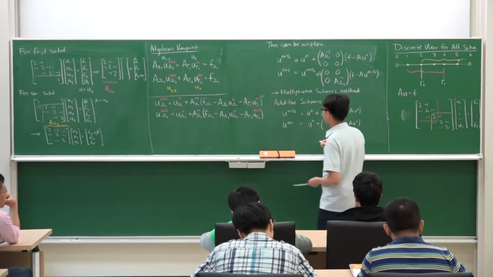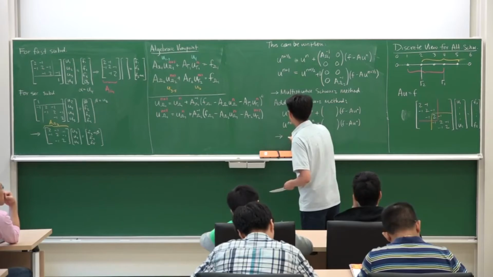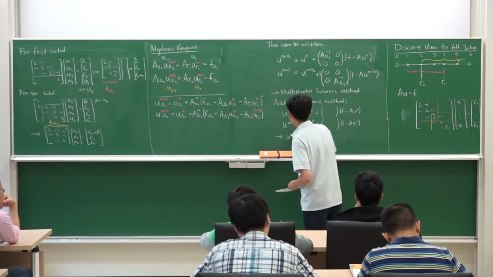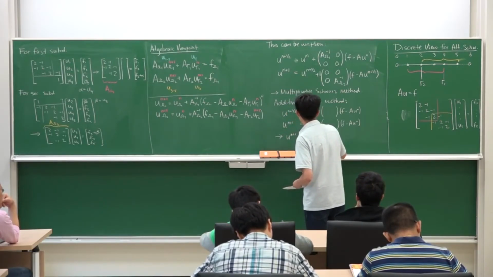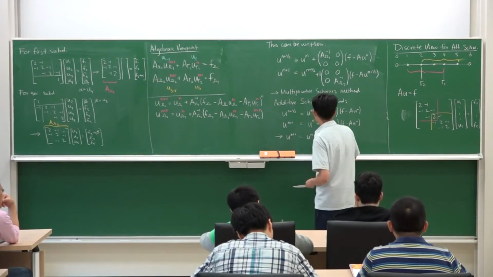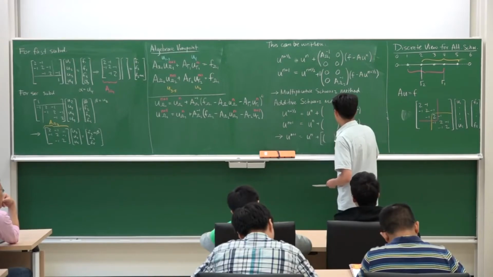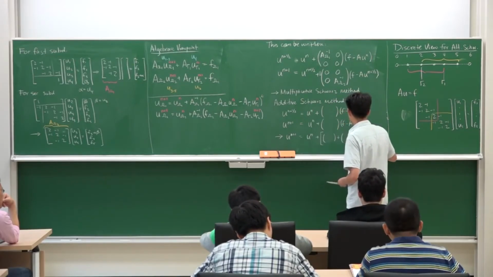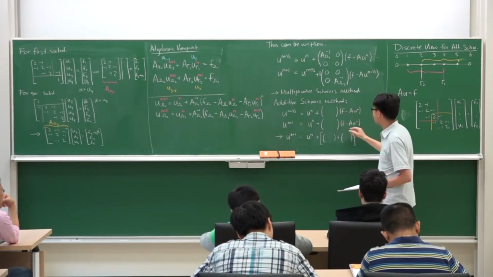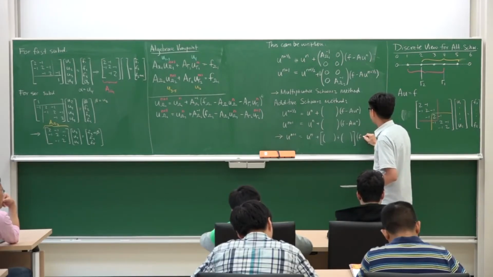It can be written perhaps in one step. Un plus 1 equals un plus these two things together times the residual.